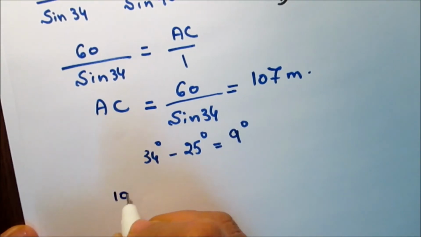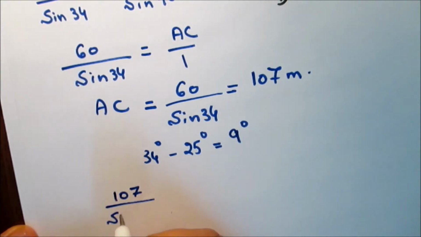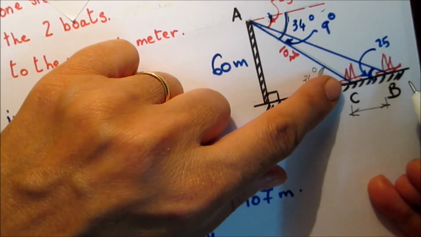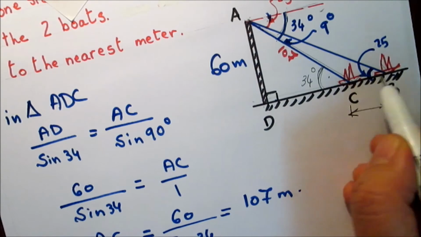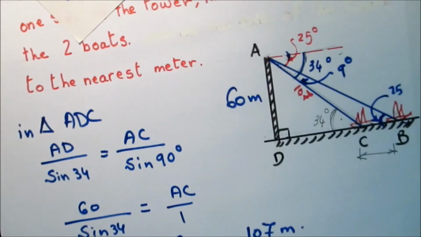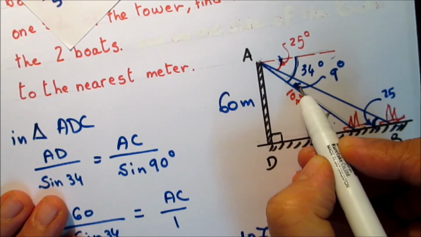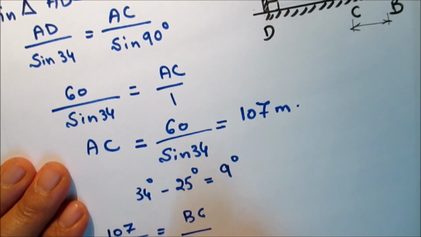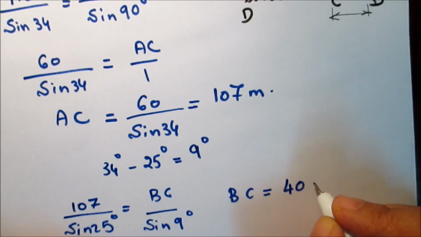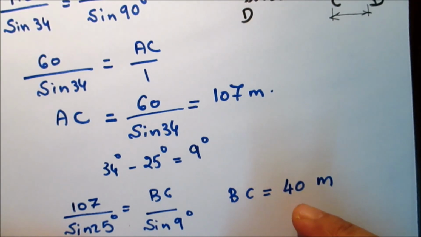So 107 over sine 25 equals BC over sine 9 degrees. Now cross product to get BC to the nearest meter. So BC equals 40 meters.